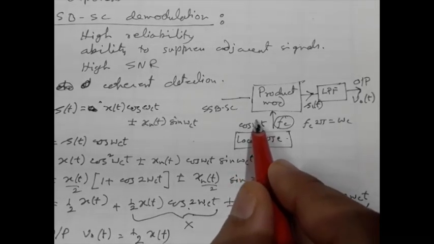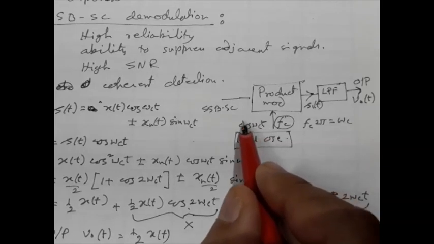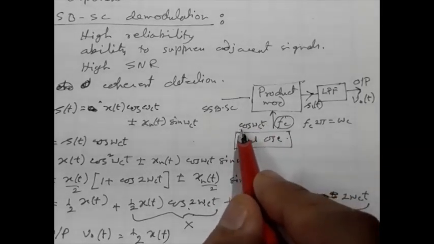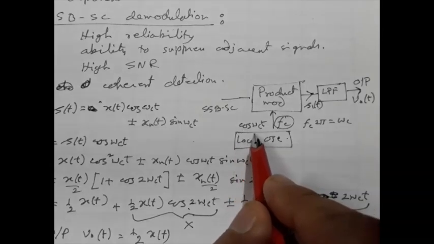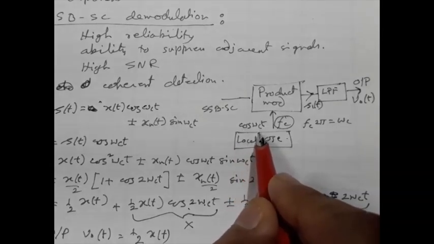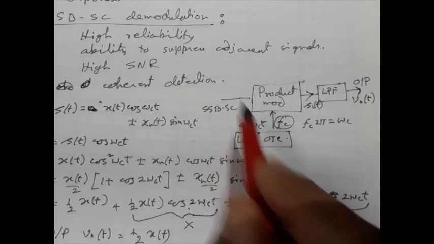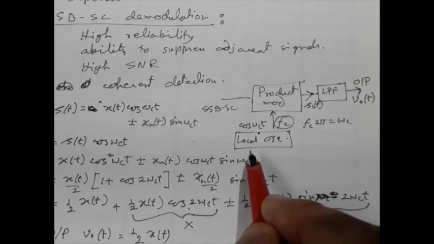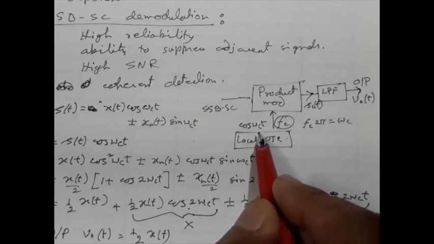That means we have to take care of the locally generated oscillator frequency, so that this local oscillator must be well synchronized with the SSB-SC signal, and that is the major point that we have to remember: the frequency sensitivity of SSB-SC is extremely high.